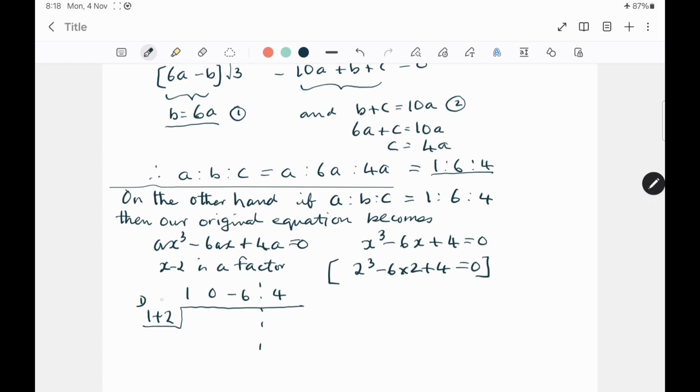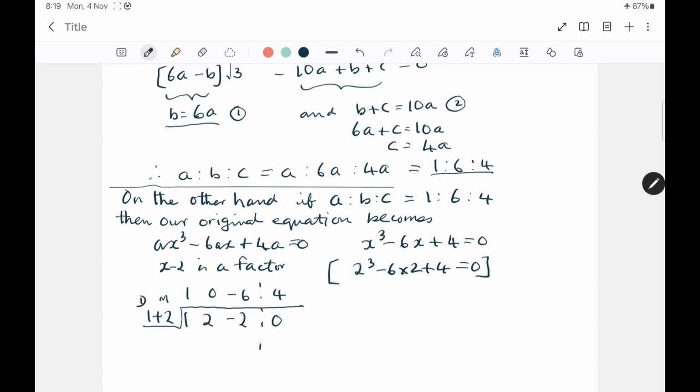That's your divisor, that's your multiplier. So 1 into 1 goes once, and now we concentrate on the multiplication. 2 times 1 is 2, added to 0 is 2, 2 2s is 4, added to minus 6 is minus 2, minus 2 times minus 2 is minus 4, added to plus 4 is 0. So we indeed get a remainder of 0.